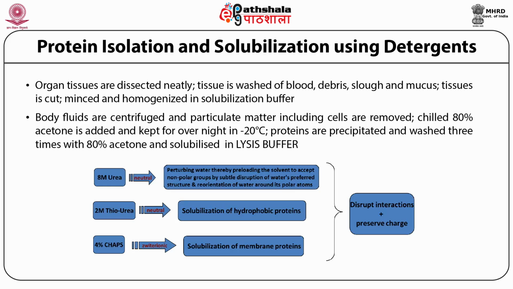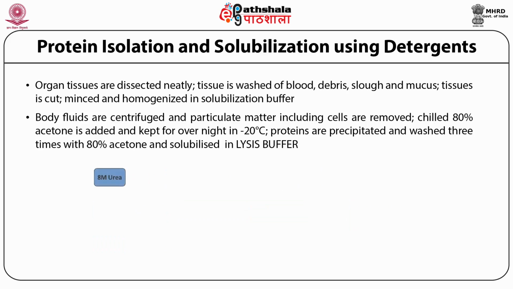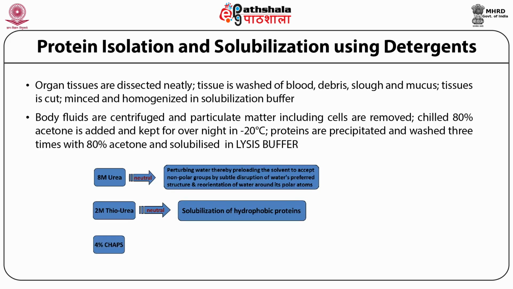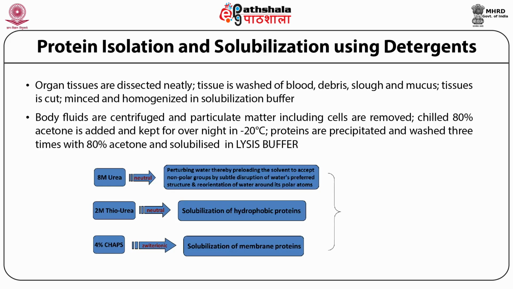8 molar urea is a very strong chaotrope and it helps by perturbing water, thereby preloading the solvent to accept nonpolar groups by subtle disruption of water's preferred structure, and reorients the water around polar atoms. 2 molar thiourea helps in solubilization of certain hydrophobic proteins, and CHAPS is a detergent that helps in the solubilization of membrane proteins.